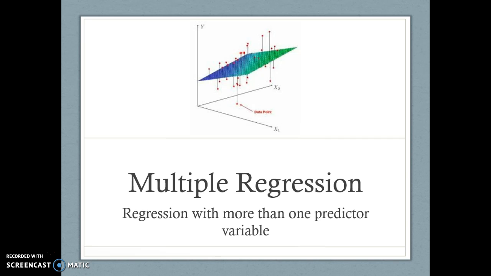So if you remember, we had the x and the y coordinates for each of the points, and then we created the line that represented them. That was a two-dimensional x and a y relationship. We're moving beyond that, adding more variables, and it becomes three-dimensional if you add one more. So if you see here, we add that x2 to the plane.